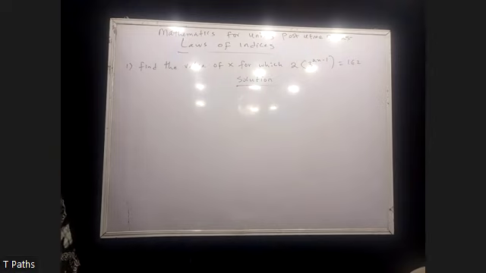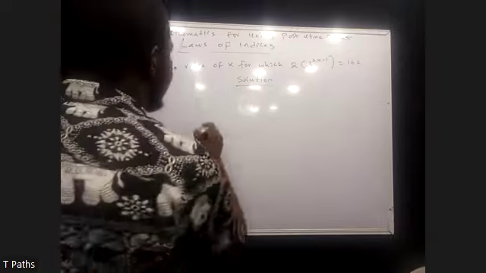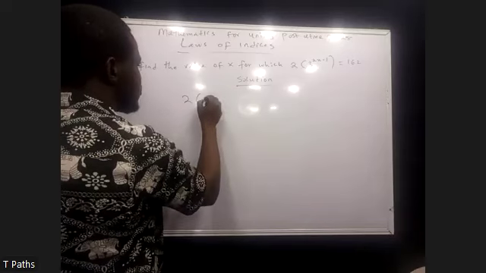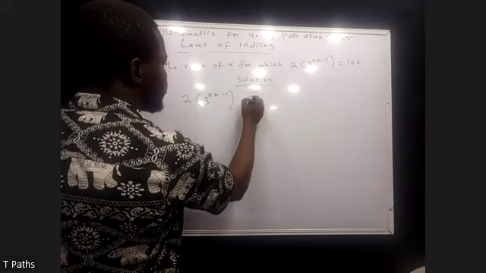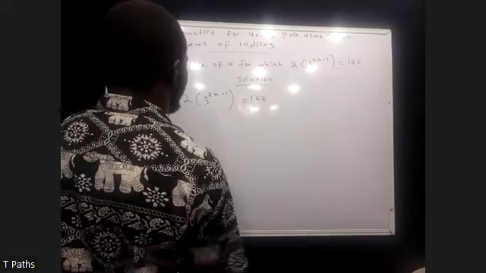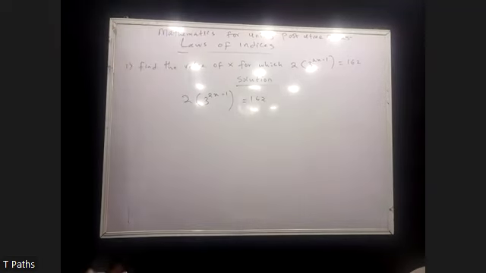Now, the first thing that we have to do is that when doing indices, the only thing you want to achieve first is that all the bases are of the same number, they have a common base. That's the first thing you want to achieve. If I decide to open this bracket, it won't favor me.